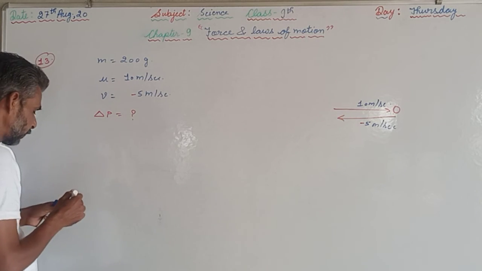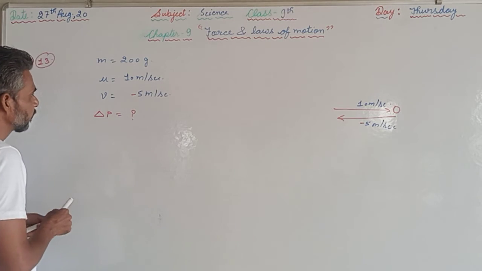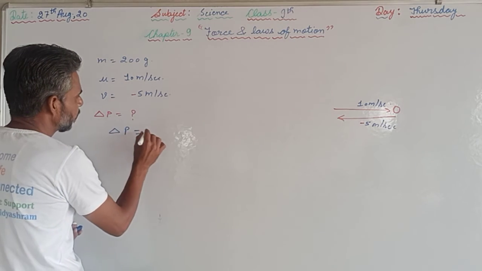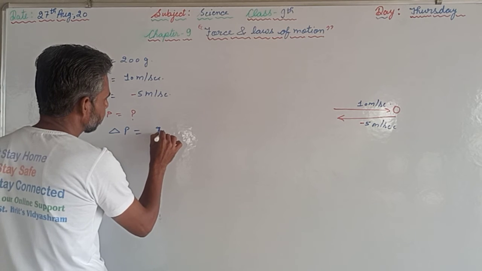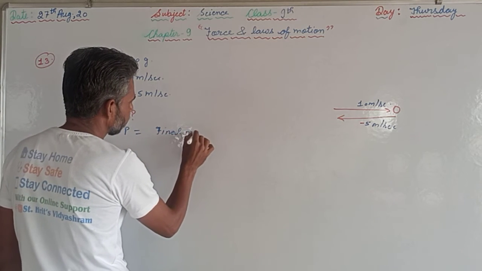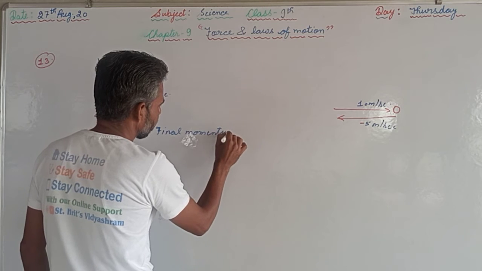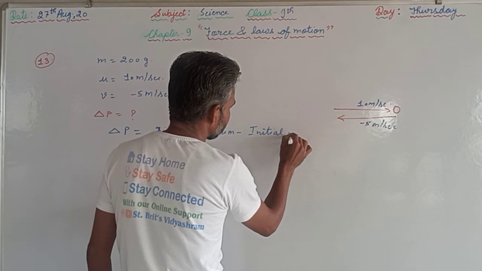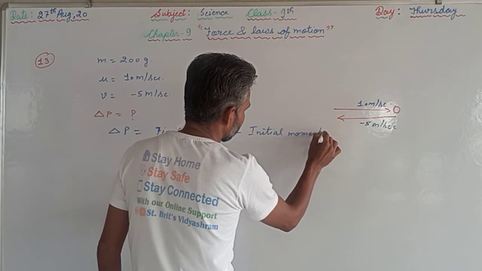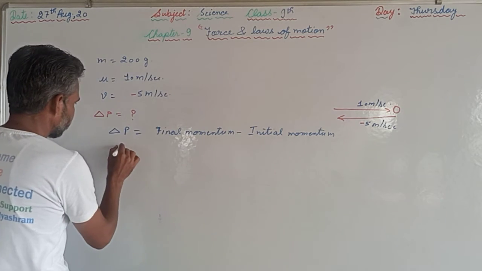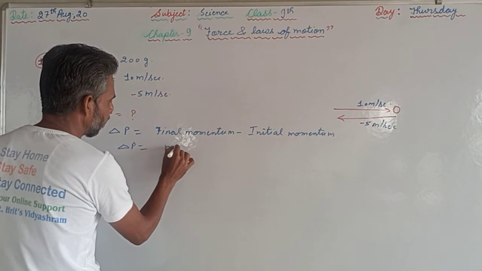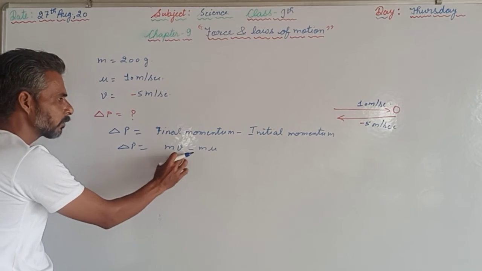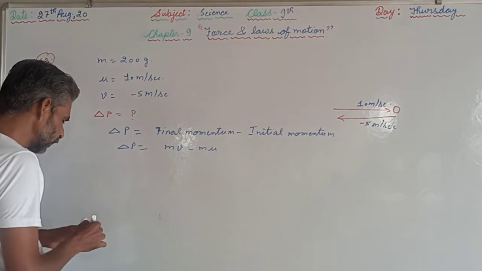So now delta P means change in momentum. We know that change in momentum will be final momentum minus initial momentum. Delta P will be mv minus mu, that is final momentum minus initial momentum.